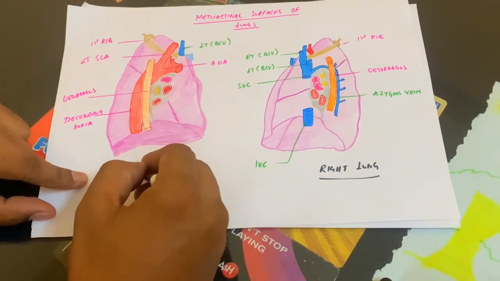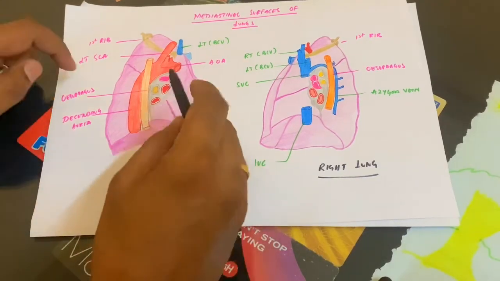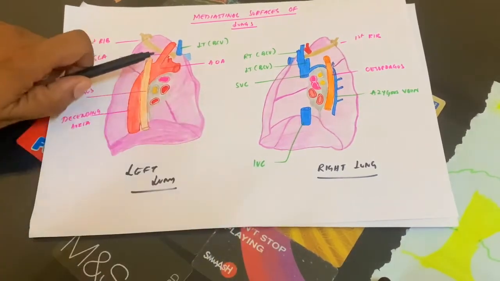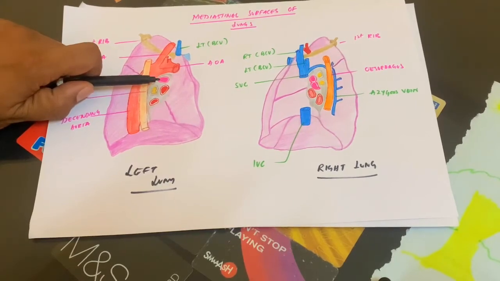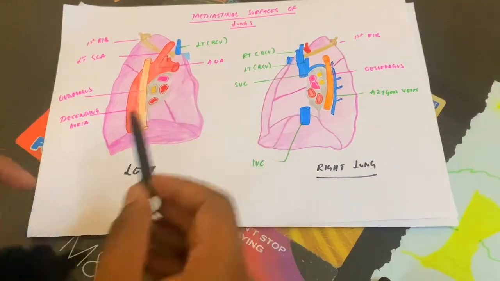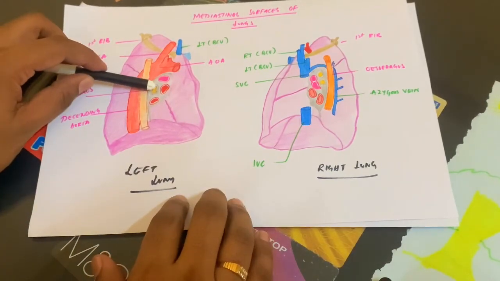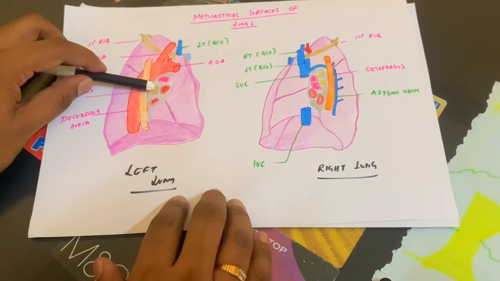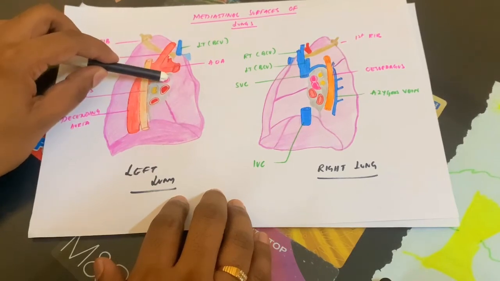This is the left principal bronchus. Then these are the pulmonary veins, and this is the pulmonary artery.